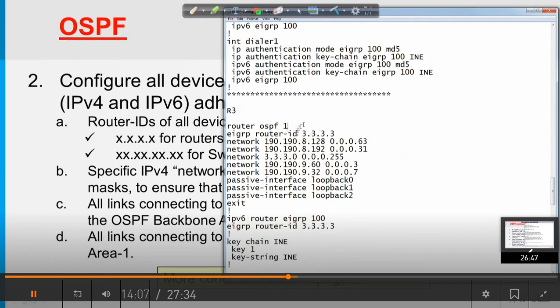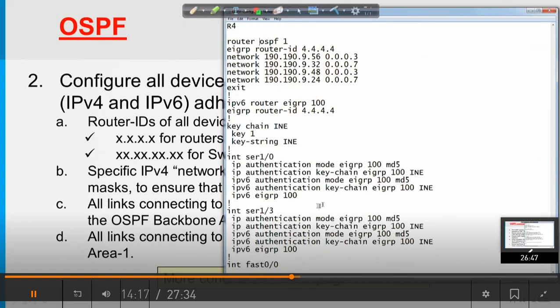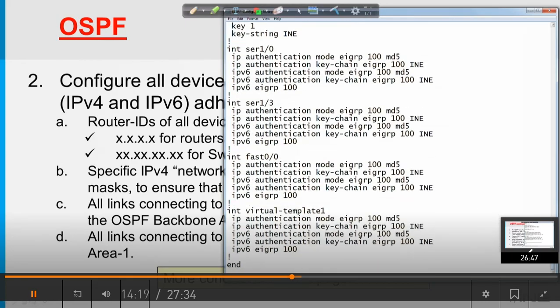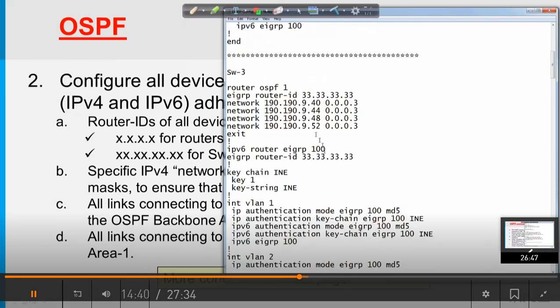Okay, that takes care of that. And now we're going to just get rid of the EIGRP portion. Keep the router ID the same. The network is fine. So here on switch 2, all of his interfaces are in area 0. So let's just go ahead and add that. And then we'll come back to him.